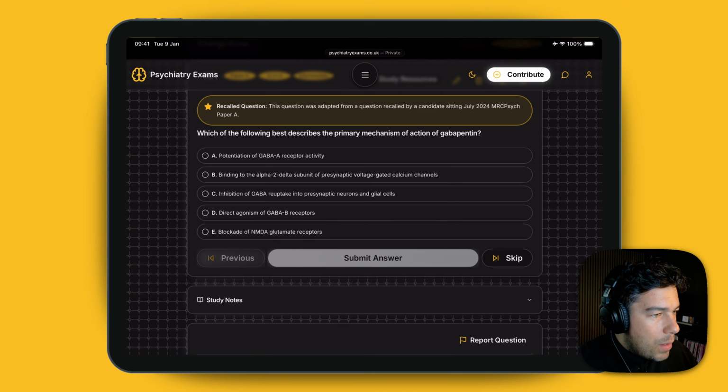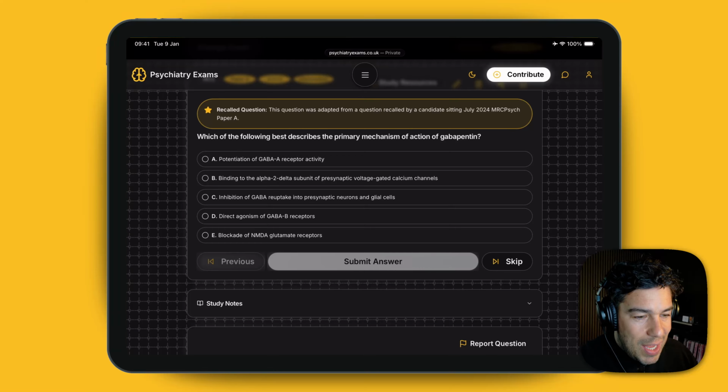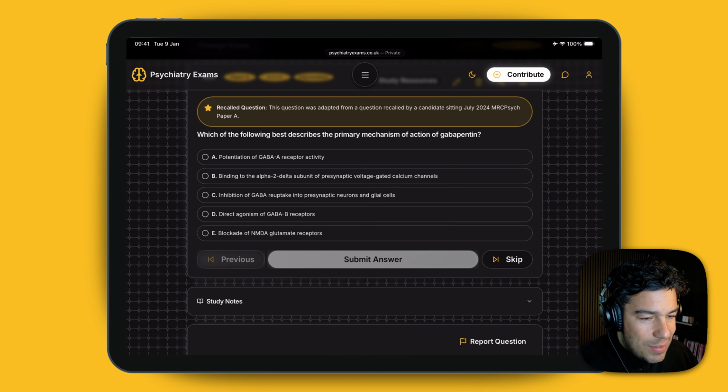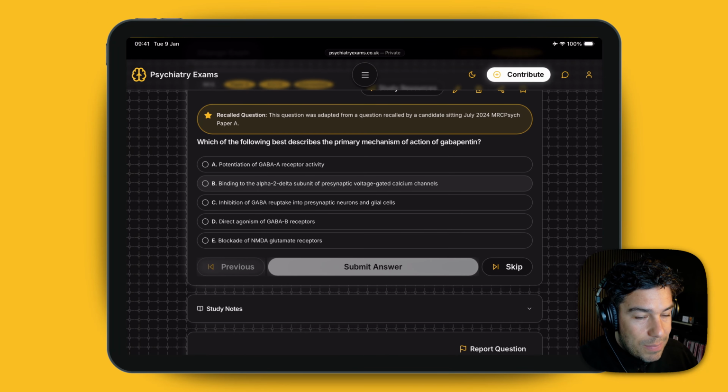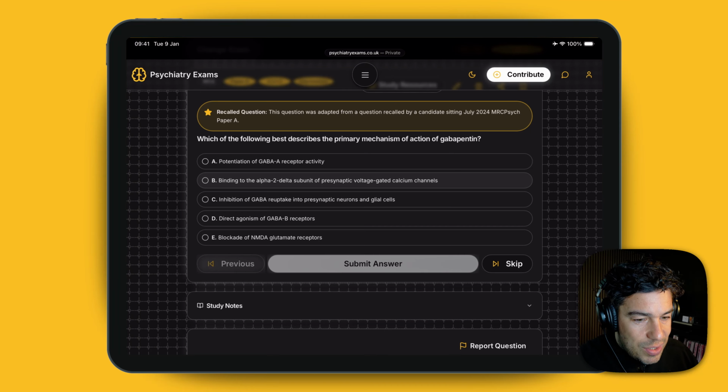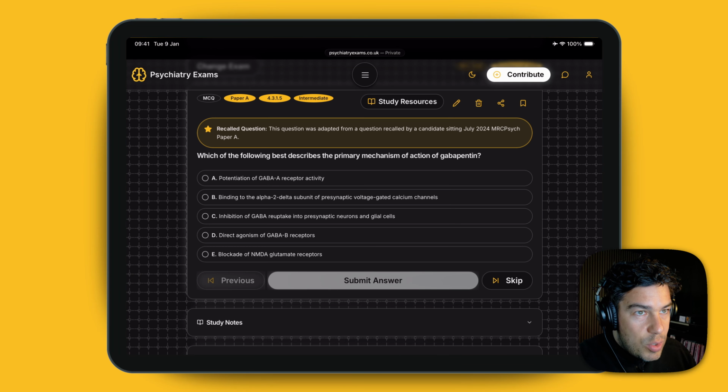So, I mean, if you didn't have a clue and you were going to hazard a guess, you might well look at the name, right, gabapentin, and query whether it's a GABAergic medicine. And therefore, does it work by binding to the GABA receptors? Which might seem like a reasonable guess.